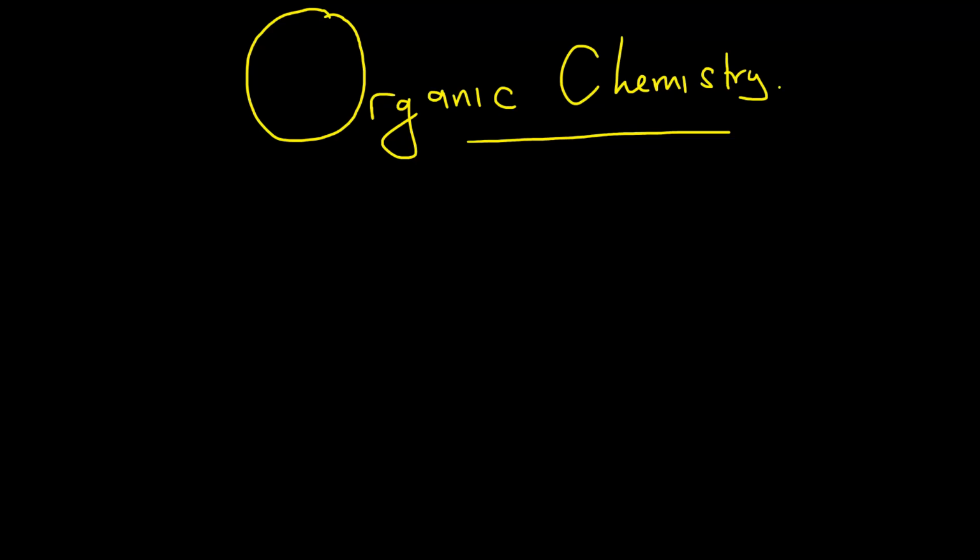So in this video, let us discuss organic chemistry. The first thing, let us define what organic chemistry is. Organic chemistry is simply the study of carbon compounds, excluding oxides and carbonates.